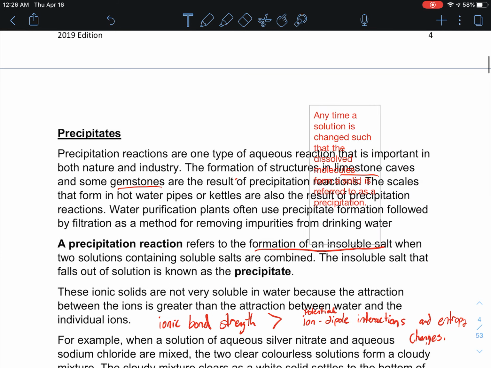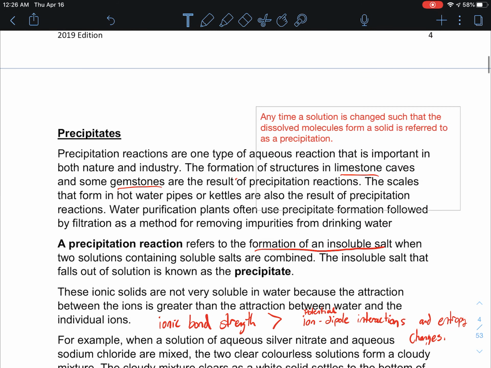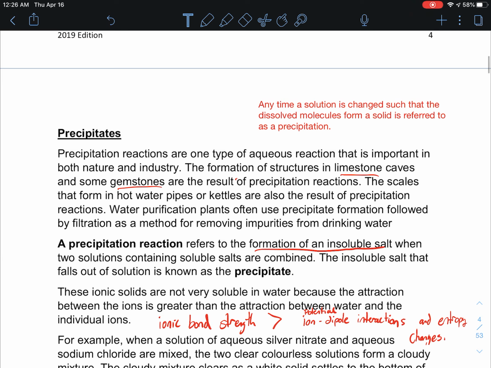Maybe I can fit it. Oh yeah, look, there's a little bit of space up here. Okay. So a precipitation reaction is when we typically take two solutions and cause them to form a precipitate. The insoluble salt that falls out of solution is known as a precipitate.